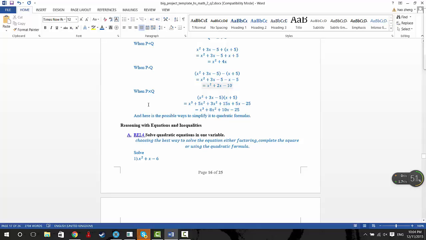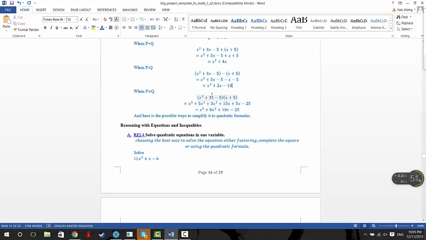Yeah, it's correct. And when P times Q, this is going to be the hard one, but it's pretty easy though. So x squared plus 3x minus 5 times x plus 5. What we do is x to the power of 2 times x, so we get x cubed, right? And x squared times 5, we get 5x to the power of 2.